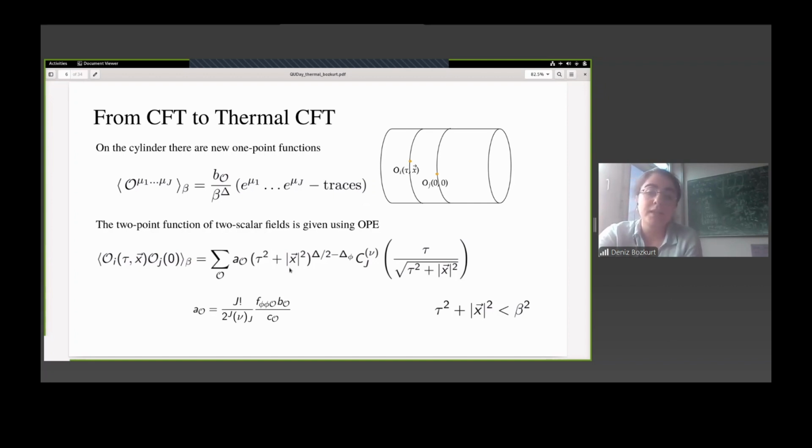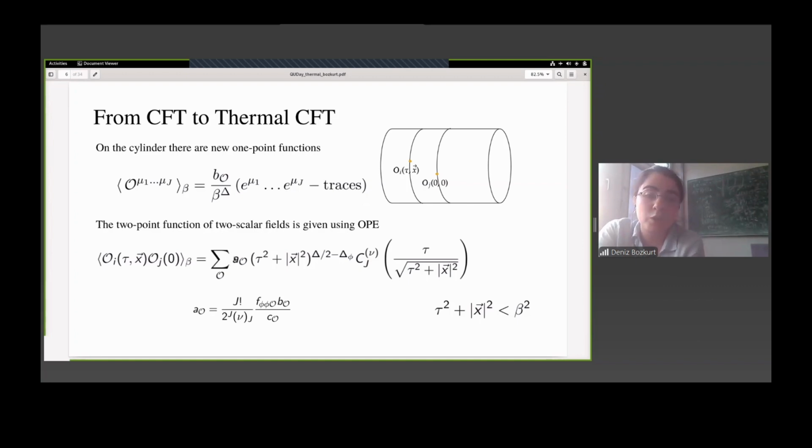Since there are now non-trivial 1-point functions for operators other than the identity, we can use the OPE for the thermal 2-point function, and we can expand a thermal 2-point function using the OPE. This is something that we will extensively use throughout the talk, so I want to go over this expansion.